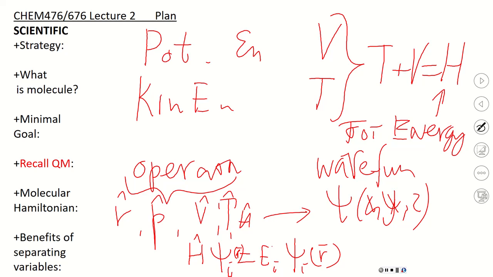H times psi as a function of R equals E times psi as a function of R. And both psi and E do have index i.